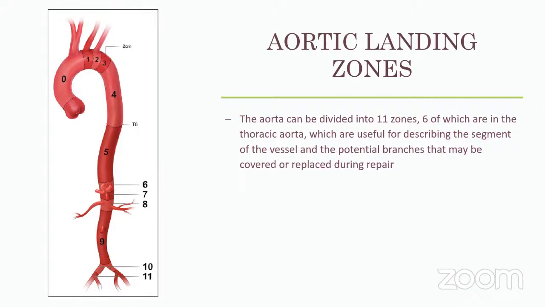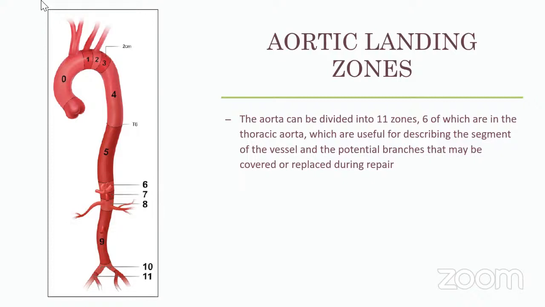Zone 2 involves the origin of the left subclavian artery, between the left common carotid and the left subclavian. Zone 3 involves the proximal descending thoracic aorta to the T4 vertebral body. It is usually the first 2 centimeters distal to the left subclavian artery.